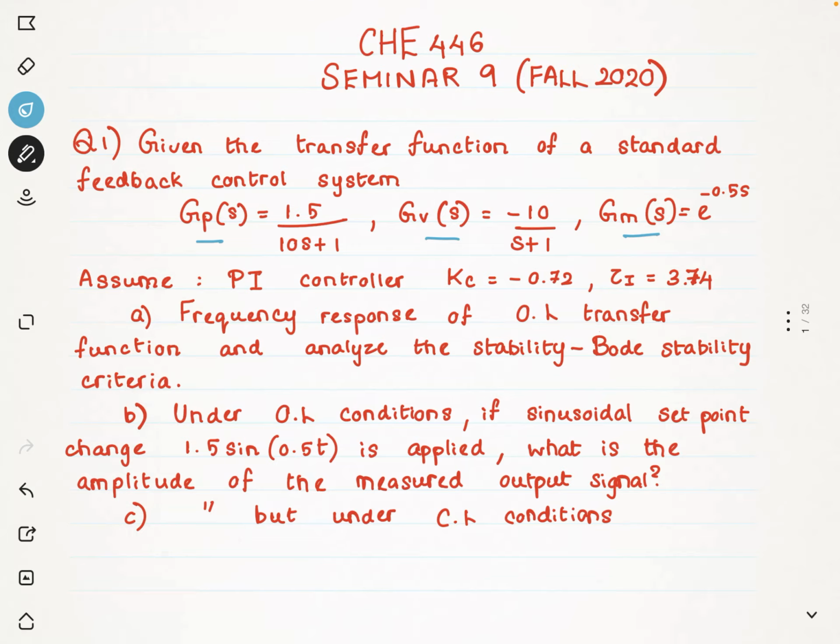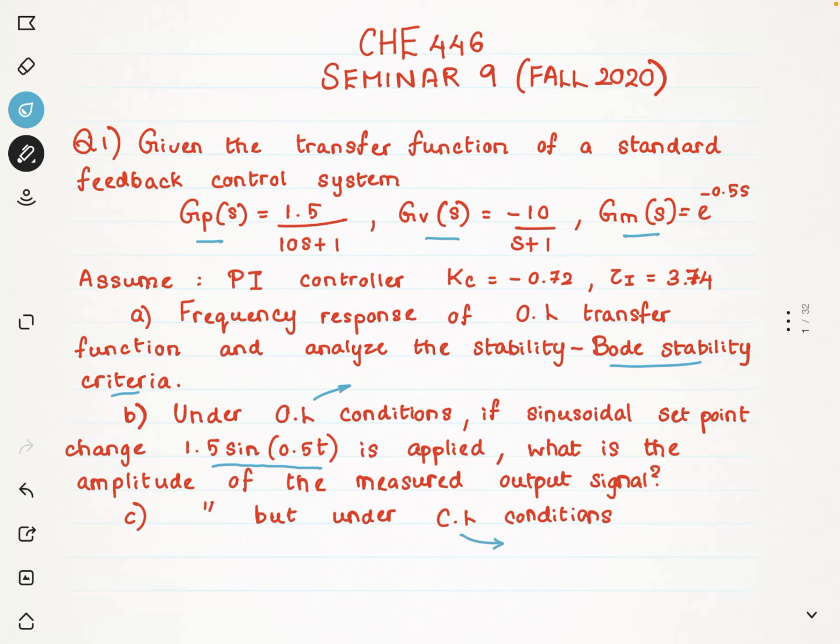So we have to compute the following. The frequency response of the open loop transfer function and analyze the stability using Bode stability criteria. And if a sinusoidal set point change of 1.5 sine 0.5 t is applied, what is the amplitude of the measured output signal under open loop, that is the second subdivision, and under closed loop.